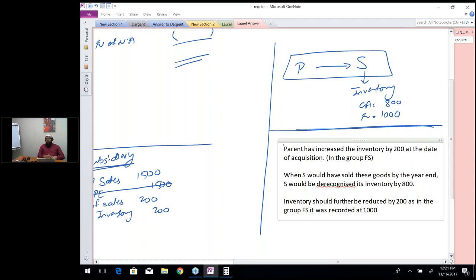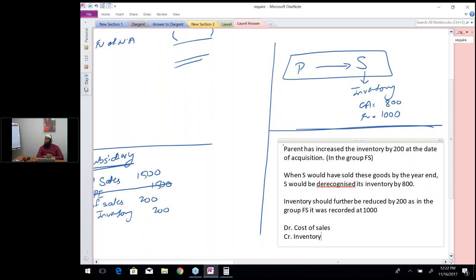Because it was recorded at 1000 in the group financials, and only 800 has been derecognized, we need to further derecognize the 200. And for that we are preparing the entry as cost of sales debit and inventory credit. Are you getting the point now?